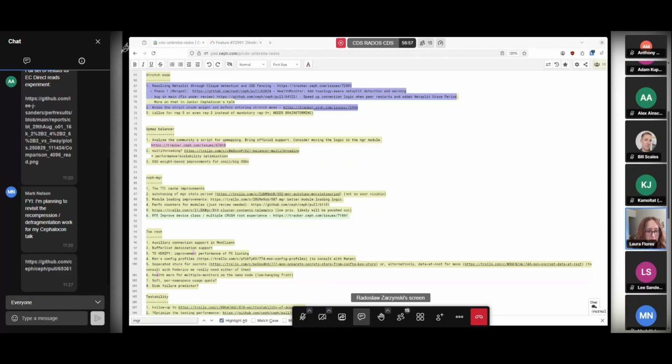But then we did add some improvements to handle OSDs or devices of different sizes. But this is only in the offline read balancer. So maybe what this point is getting at is adding that to the balancer module. But maybe we can talk more about what this is getting at. That's the thing that comes to mind.